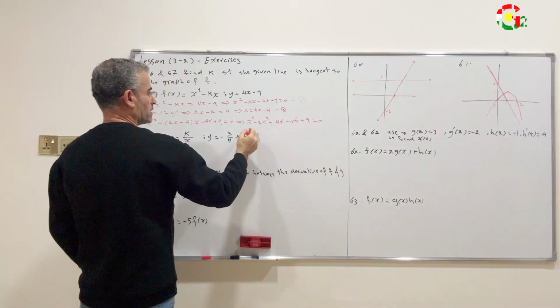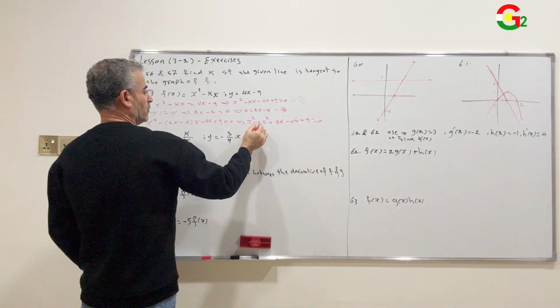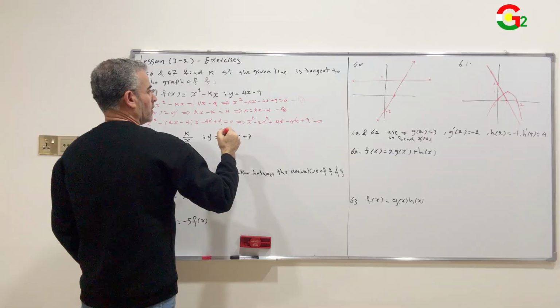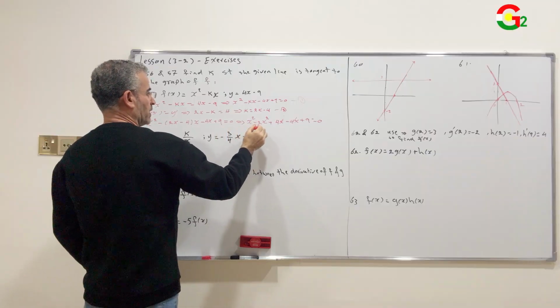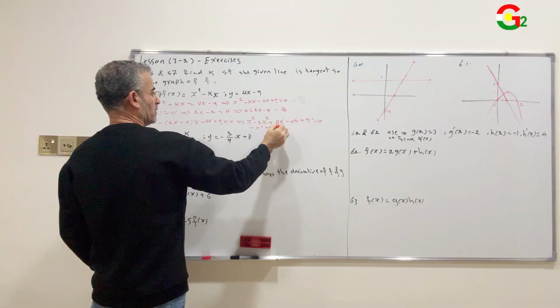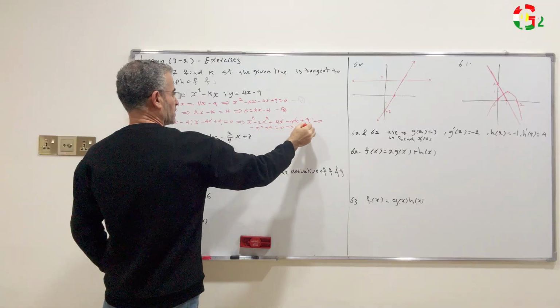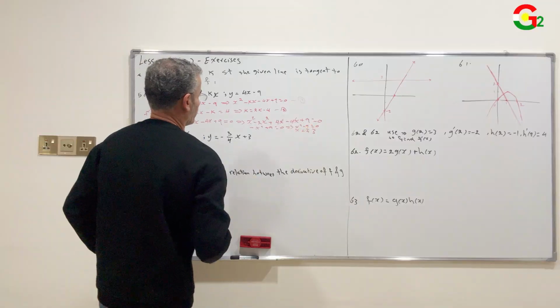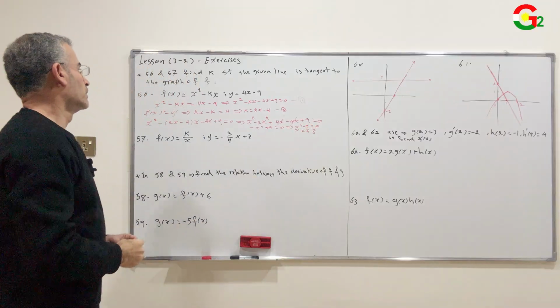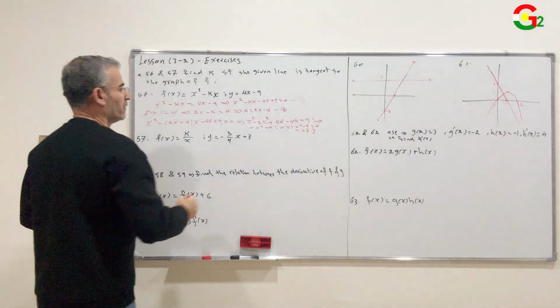Combining, x power 2 minus 2x power 2 is negative x power 2, plus 9 equals 0. Then x power 2 minus 9 equals 0. Then x equals plus or minus 3. This is the value of x.